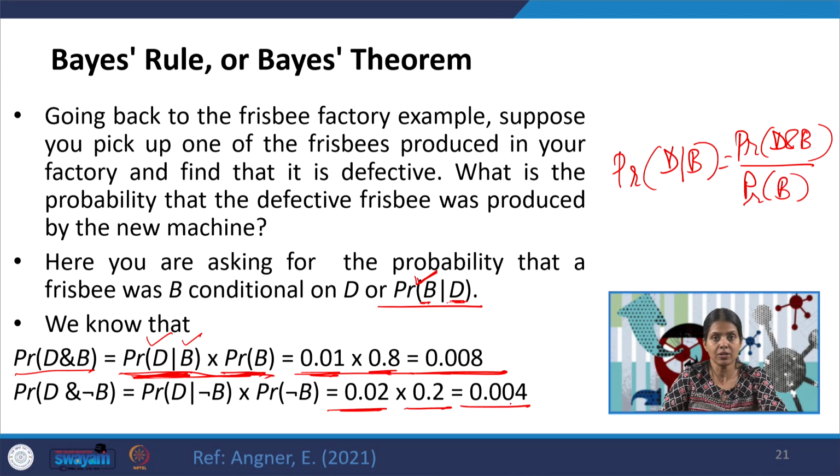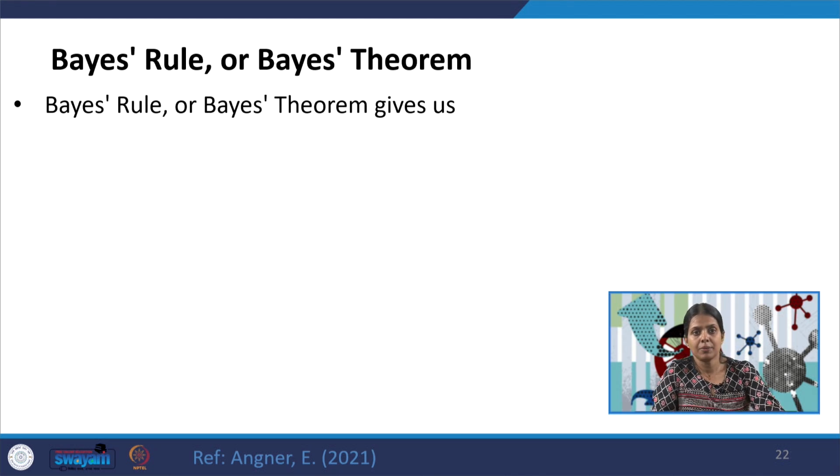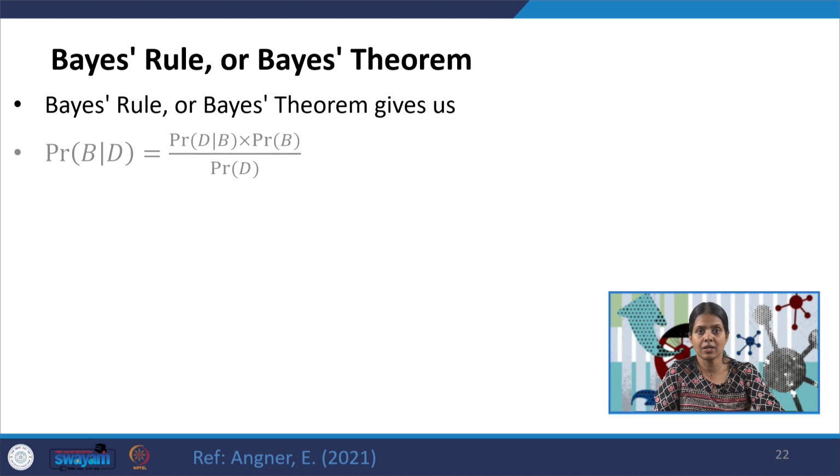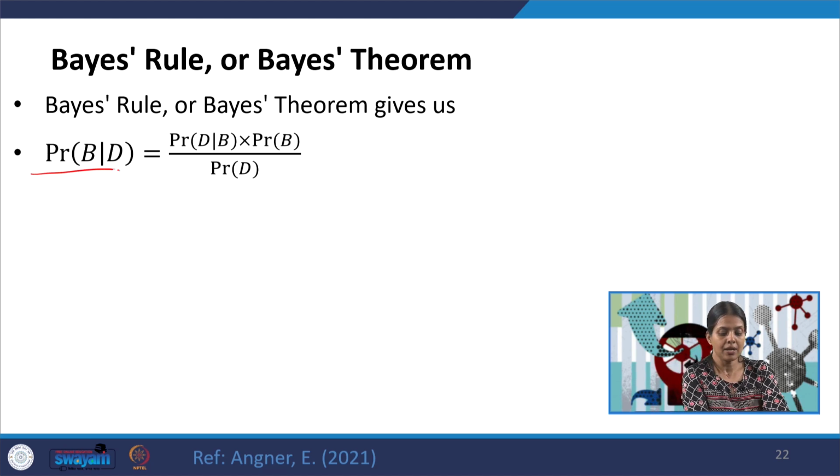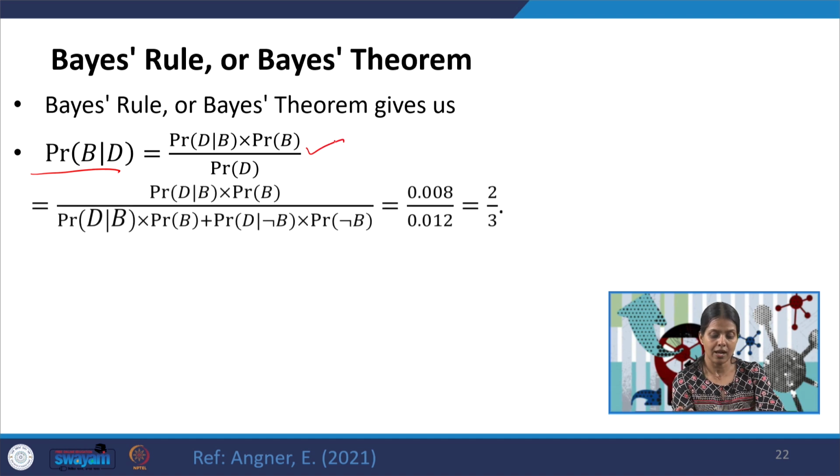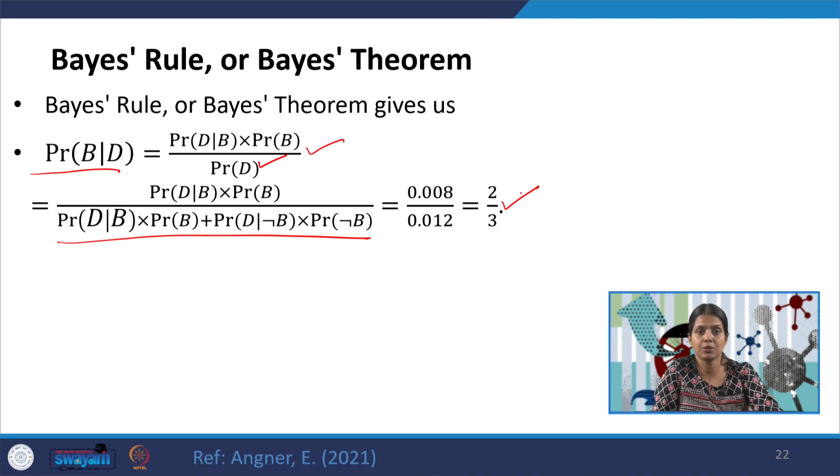So, 0.004. Now, Bayes' rule or Bayes' theorem gives us probability B given D is equal to this, and the lower expression, probability D, can be further expanded like this, which we obtain from the total probability rule. And then plugging in the values, we arrive at a number like 2 upon 3.